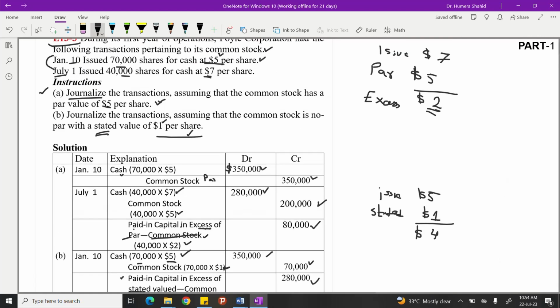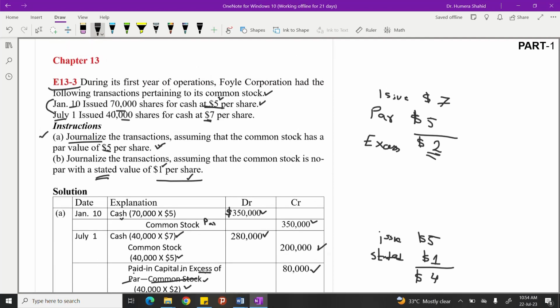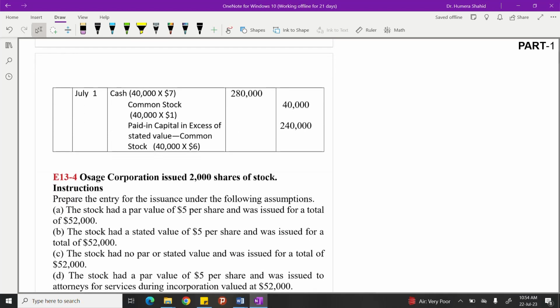Moving on towards the second transaction of part B, July 1st, we have 40,000 shares and $7 is the issue price. To remember, stated value is $1. So let's move on. July 1st, and cash gets debit. Issue price was $7, 40,000 shares, so 280,000.